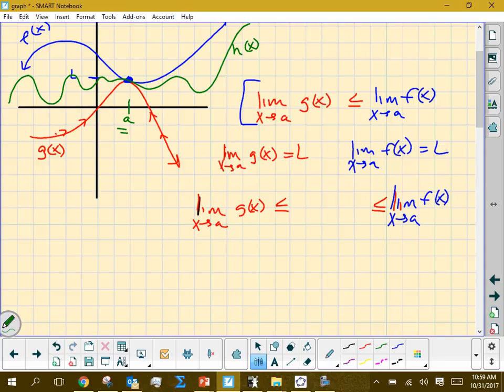But now for the squeeze theorem, we throw in that third function, and the third function is this green one. So the limit as x approaches a of h of x.